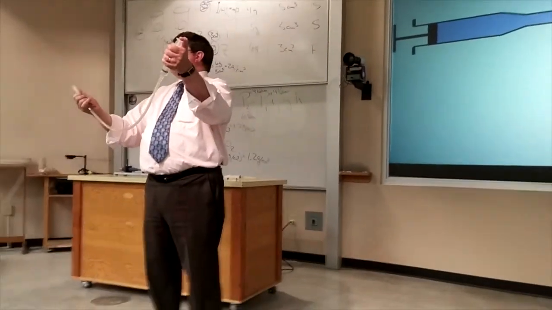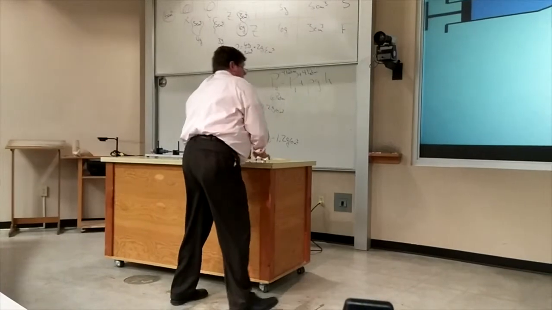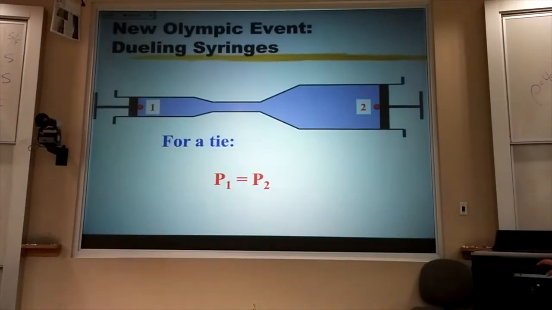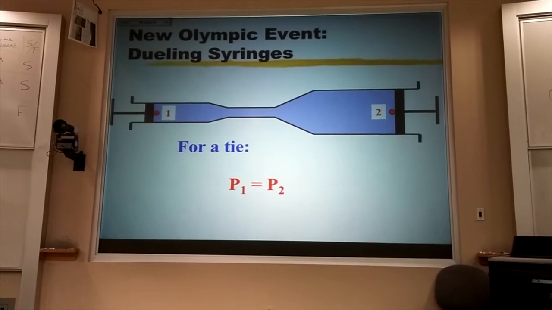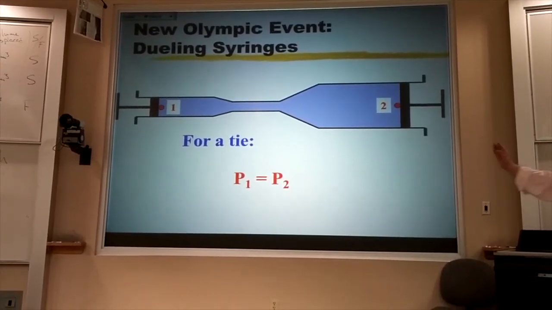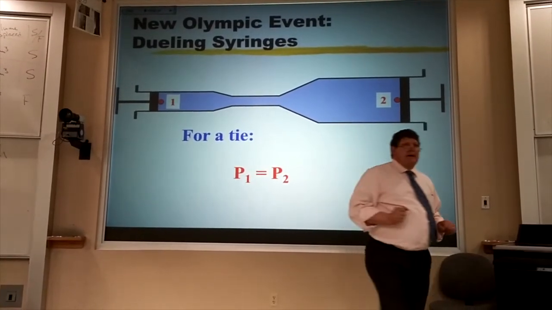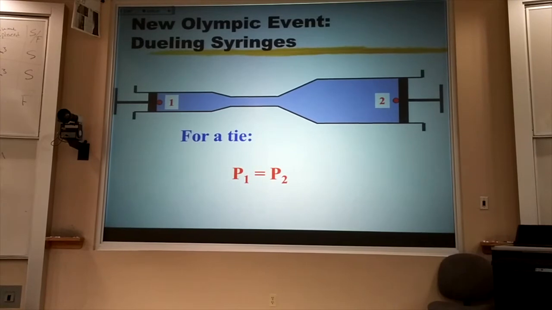Whoever has the large plunger is going to lose, okay? And that's because if they create the same pressure right next to their plunger, it's going to be a tie. No water's going to go to the left, no water's going to go to the right. But that's if the pressure's the same.